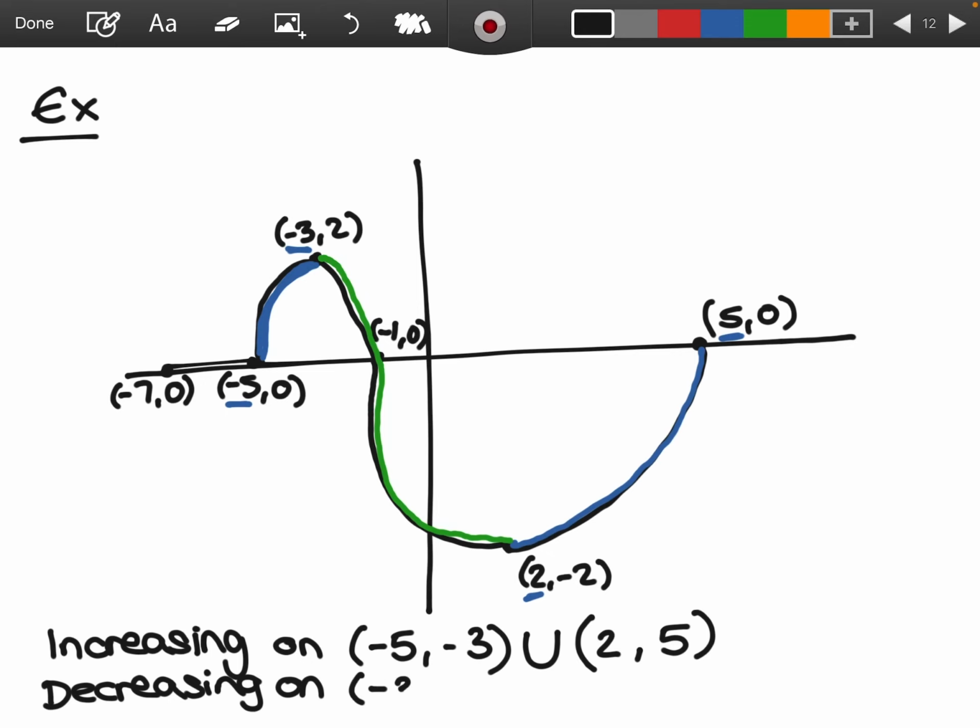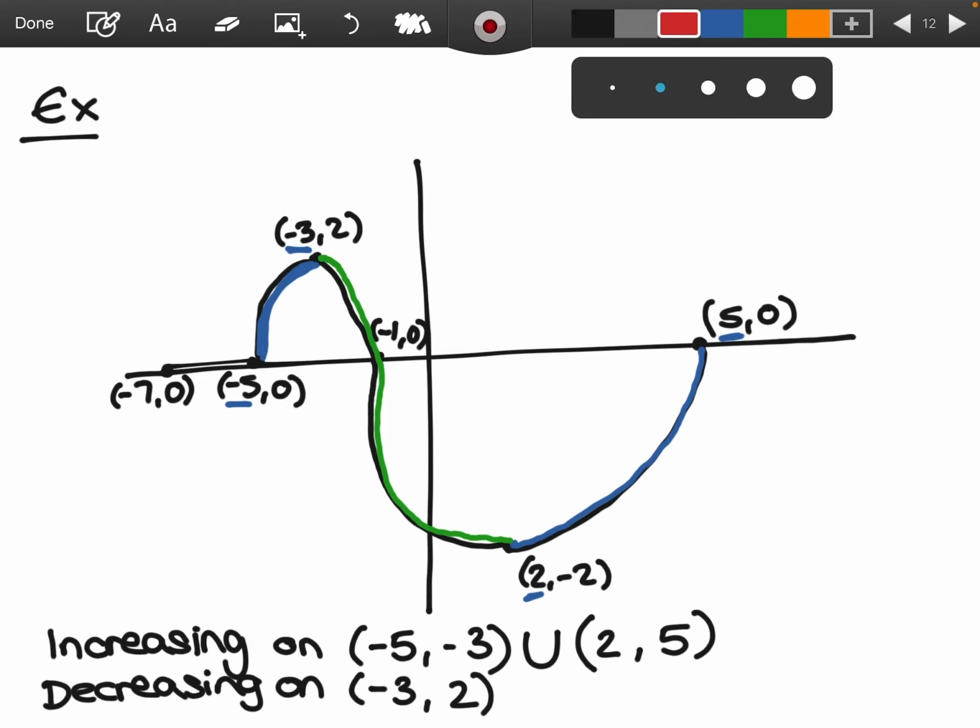So I'm decreasing between -3 and 2. I go through the x-axis at x is equal to -1, but I'm still decreasing. I'm still decreasing all the way to x is equal to 2. So I don't actually count that as a turning point. I'm decreasing all the way from x is -3 to x is 2.